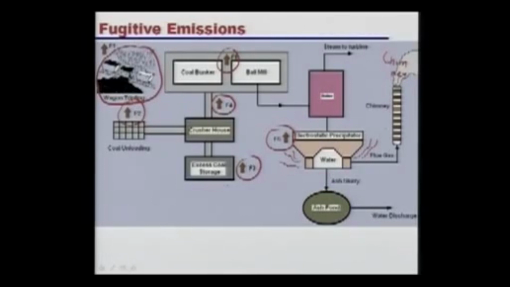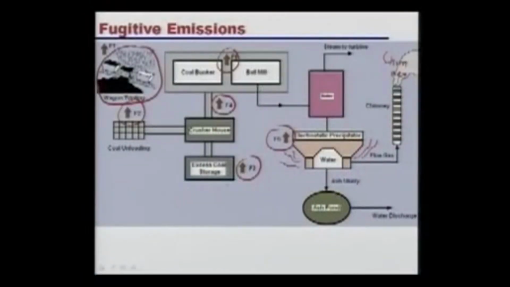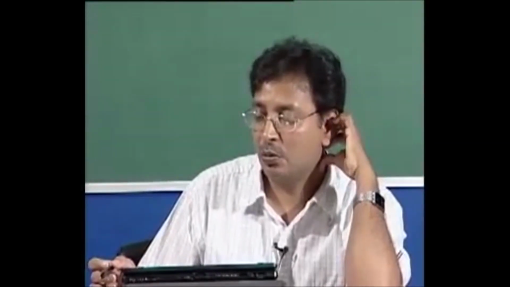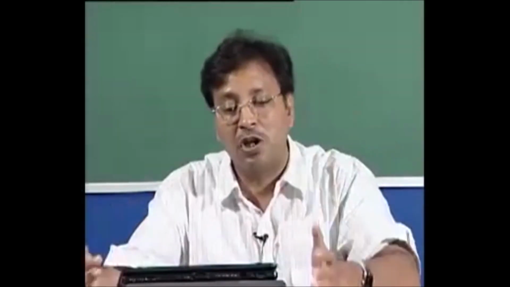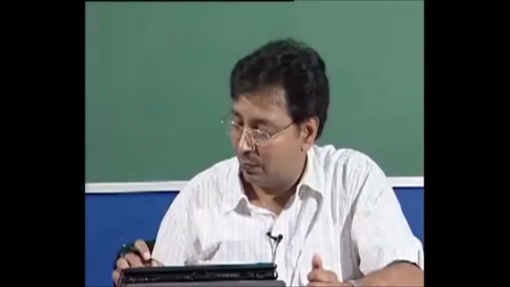We put a lot of effort, energy and money into controlling the emissions from the chimney, which we should do, but at the same time we should not forget the other sources. We should be sensitive not only to emissions from the chimney but also to fugitive emissions, which come from handling of raw material, handling of waste product, handling of product, and transporting, transferring and storing them, and in fact those emissions can become very large.